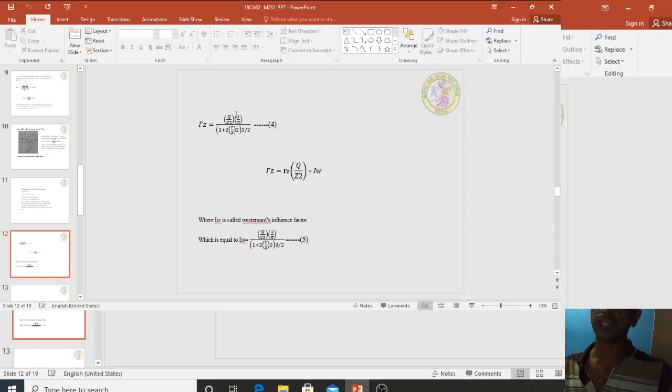So if you take out 1 over pi divided by 1 plus 2 into r by z whole square, whole to the power 3 by 2 as a constant, then sigma z will be Q by z square into IW, where IW is called what? Westergaard's influence factor. So IW stands for Westergaard's influence factor.